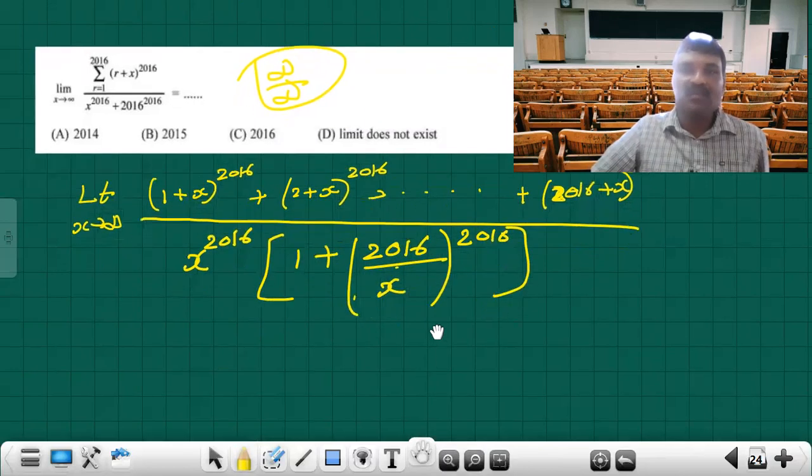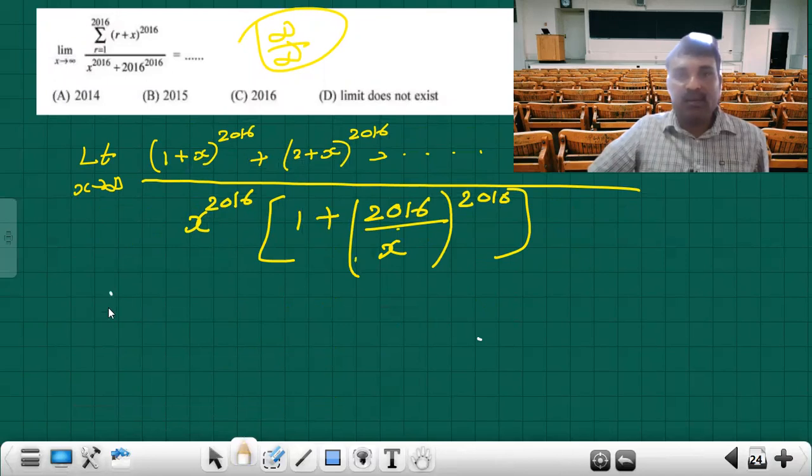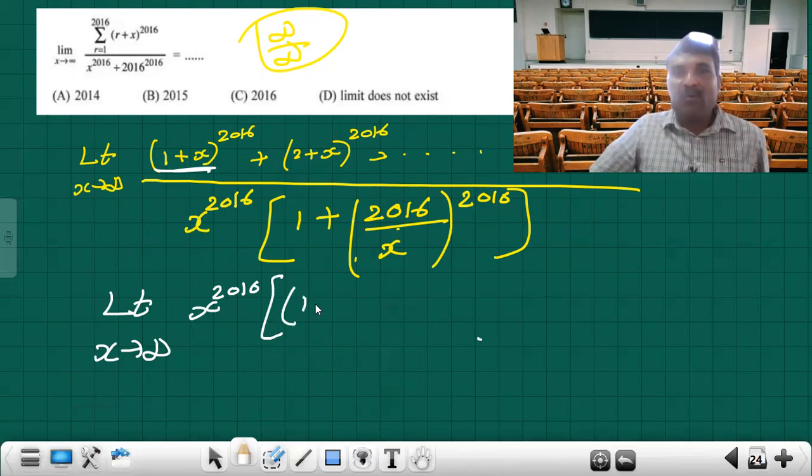Okay. Now there is a small mathematical manipulation in the numerator also. So you can write limit x tends to infinity. From this term, I am taking x raised to 2016 outside. So we can write this as (1 plus 1 by x) raised to 2016.